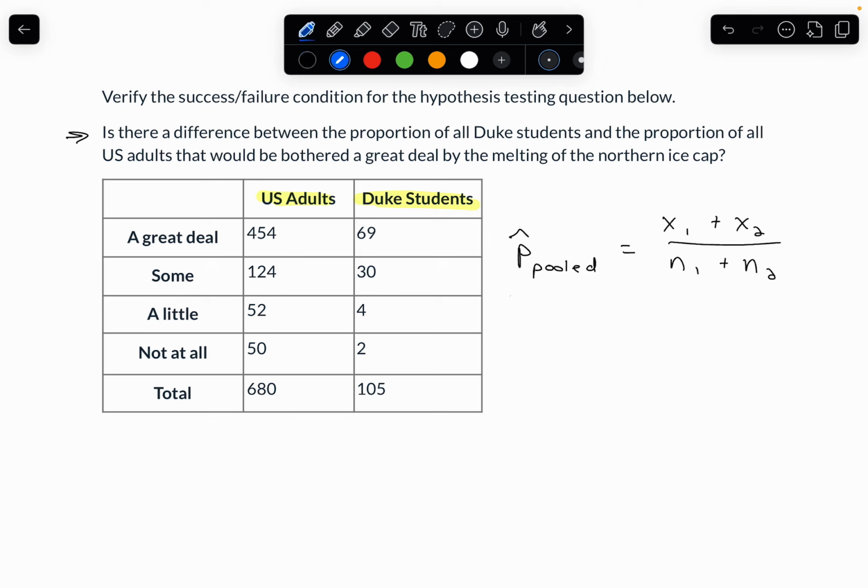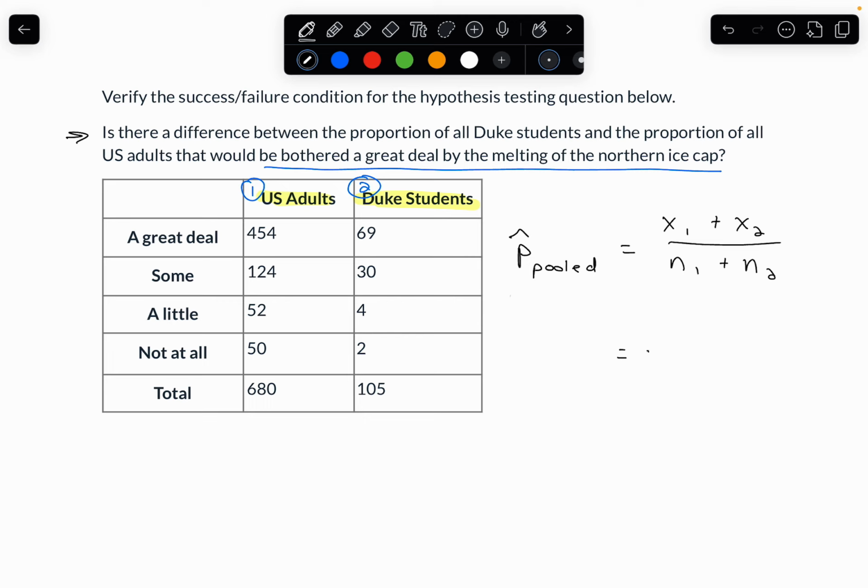In this instance, we're looking at the folks that would be bothered a great deal by the melting of the northern ice cap. Just so that I can keep this straight as we work through this problem, we're going to want to make sure we know which one is which. Maybe we'll call U.S. adults sample 1, and Duke students sample 2. That'll be important here in just a minute.